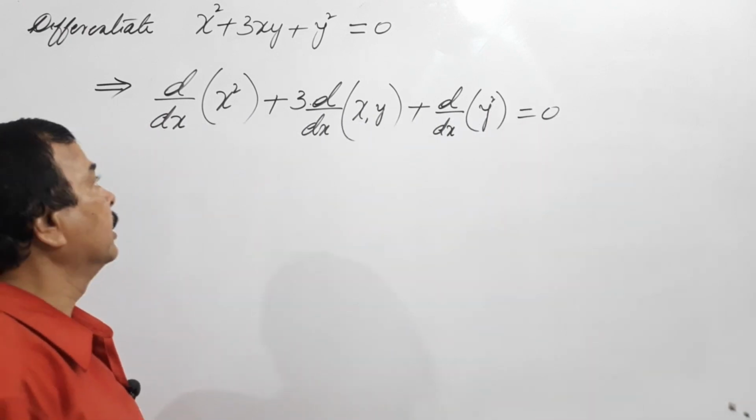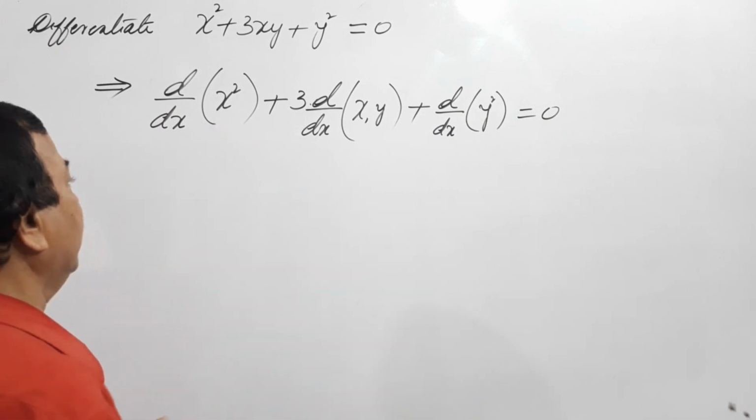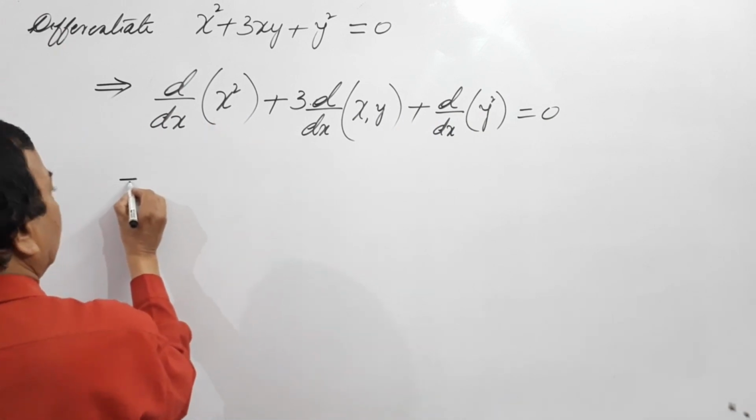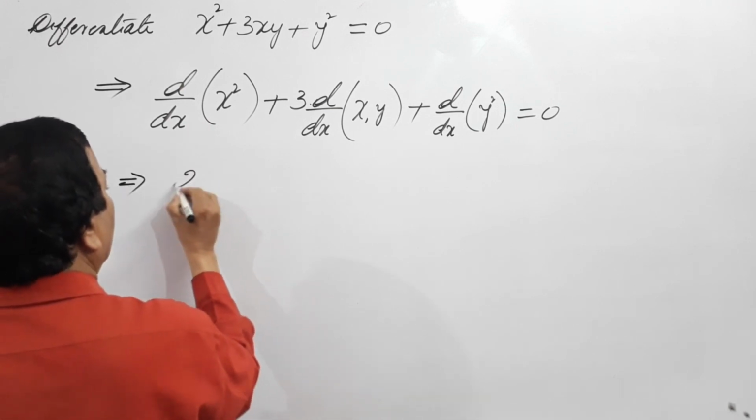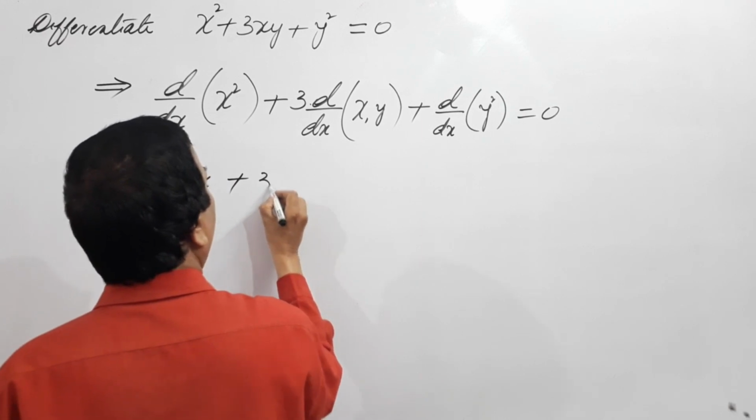Now let's differentiate this. If we differentiate this, what happens? x square gives 2x, plus 3, I write as it is.